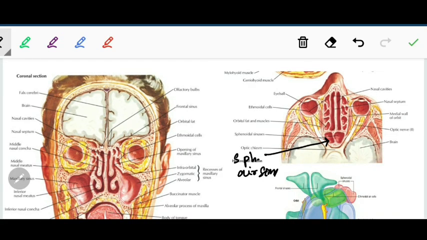The two sphenoidal sinuses are separated by a median septum, and both of them are present behind the nasal cavity as well as behind the orbit, separated by a thin septum. And behind them lie the pons and medulla oblongata. There is a cut section of the pons and medulla oblongata, that means a cut section of the brainstem, lying behind it.